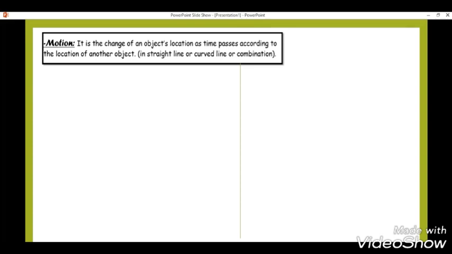It may move in a straight line or a curved line, or straight and curved together, but in one direction.